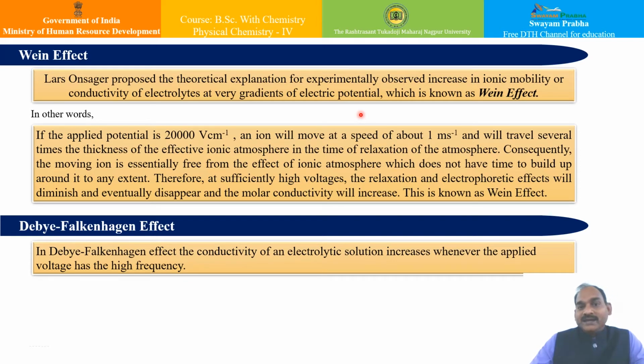Similarly, in the Debye-Falkenhagen effect, the conductivity increases when a high frequency alternating current is used. This high frequency alternating current is of about 3 × 10^6 hertz frequency, and under such a situation the ion changes its direction of motion so quickly that the more sluggish ionic atmosphere cannot adjust and follow the motion of the ion.